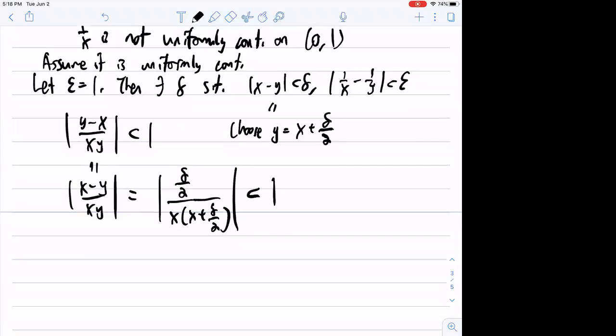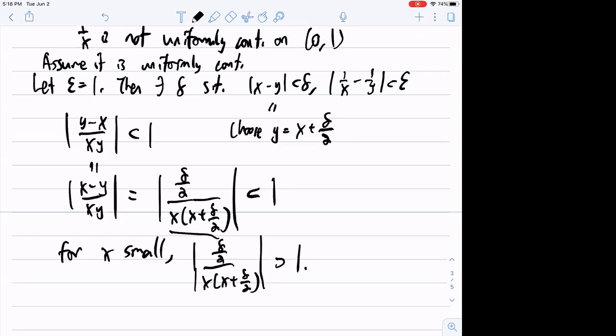But what you're going to see is for x small, the denominator goes to 0, right? Because you have a factor of x. So for x small, this thing is going to blow up. It's going to be bigger than 1.